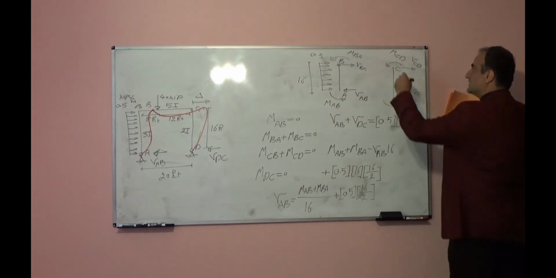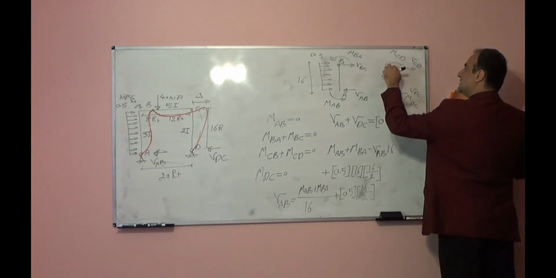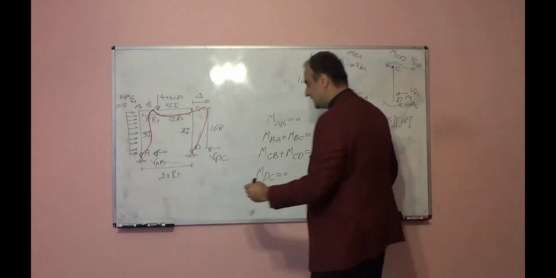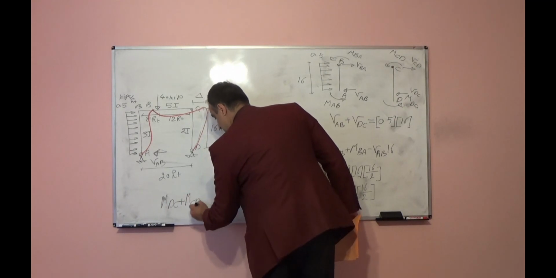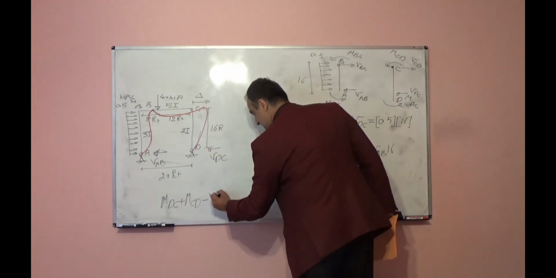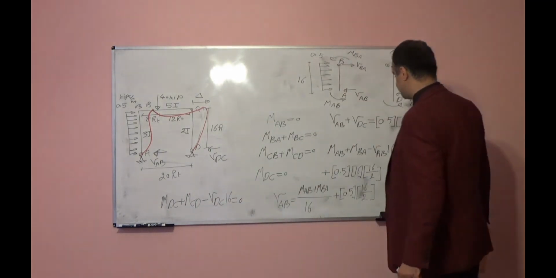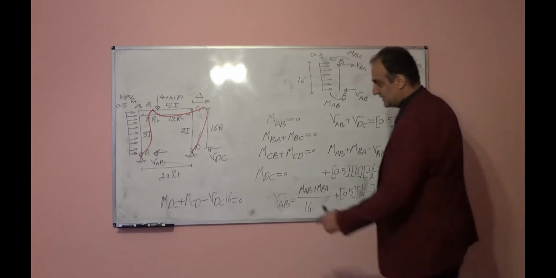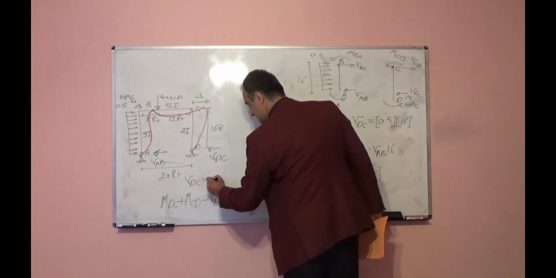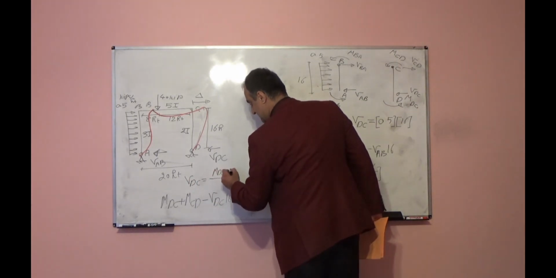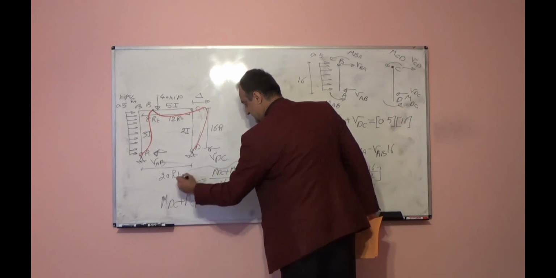Now, here I took the moment with respect to B, here I will take moment with respect to C. What I will have is MDC plus MCD minus VDC times 16 is equal to 0. So from here, VDC is equal to MDC plus MCD divided by 16.